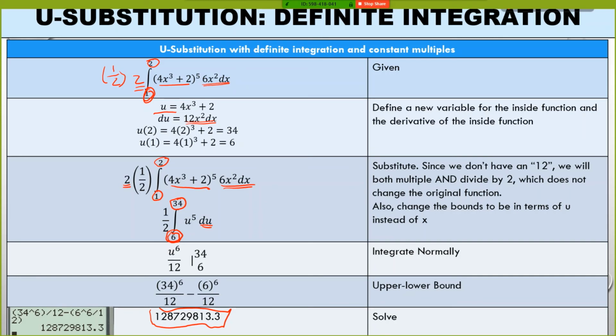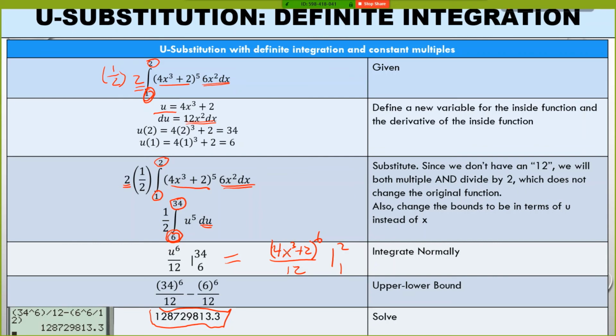Now if you wanted, you could have instead, at this step, replaced your u with x. So u is 4x cubed plus 2. So this would be 4x cubed plus 2 raised to the 6th power over 12 from your x bounds of 1 to 2. If I do that, I'll plug in my upper bound to get 4 times 2 cubed plus 2.